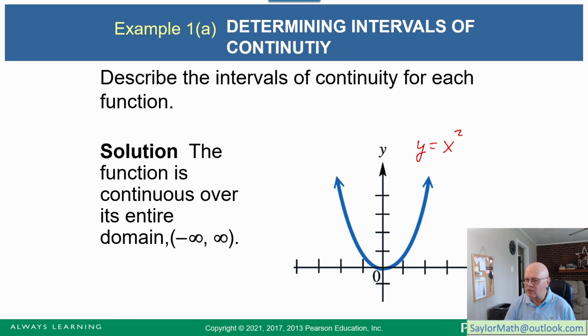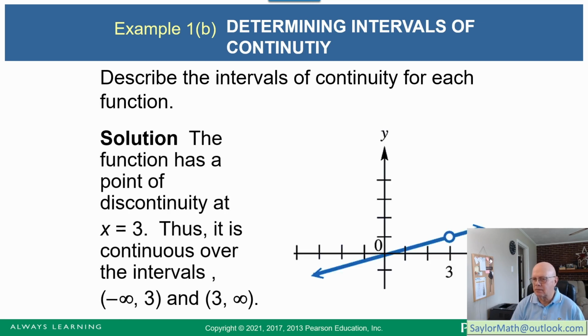Well, remember, this arrow means that it continues forever in the left-hand side and in the right-hand side. So imagine you were able to draw and you came here. Well, you wouldn't have to lift your pen beyond that. If you had enough time, an infinite amount of time, you could draw the whole thing in without ever lifting your pen.